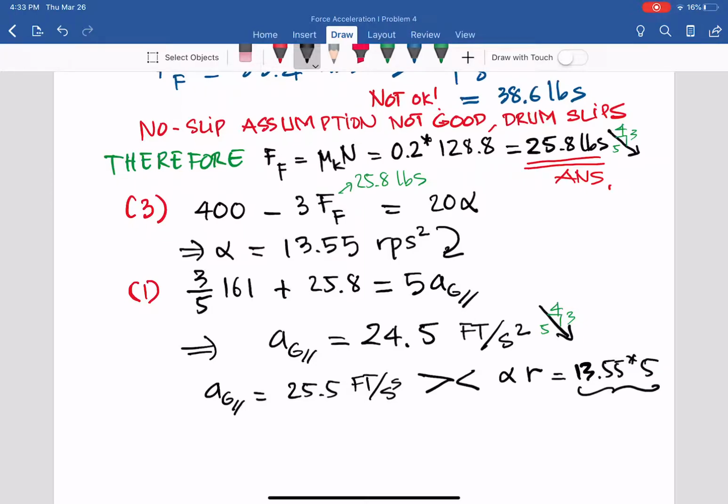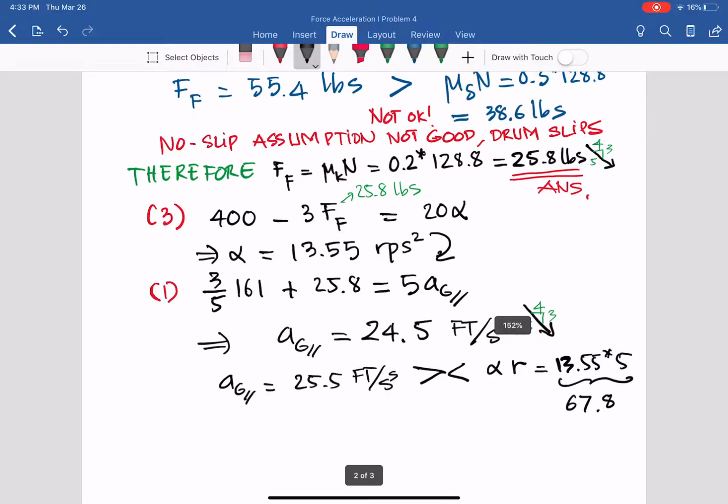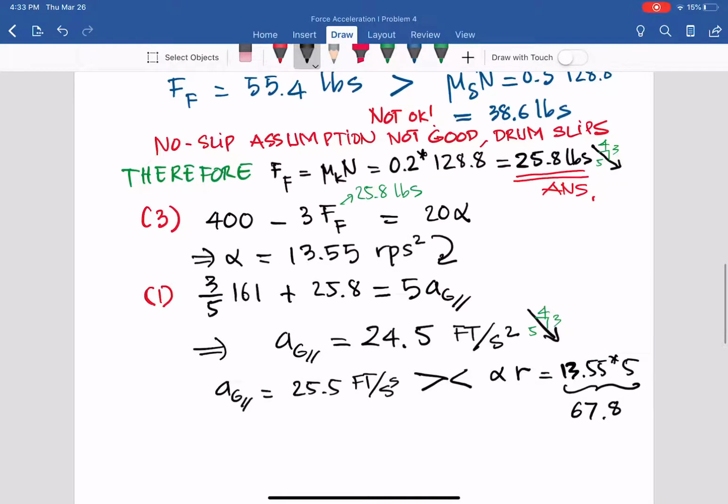This is what we have here: 13.55 times 5 equal to 67.8. So because it slips, the a_G parallel is not the same as alpha R for no slip wheel.